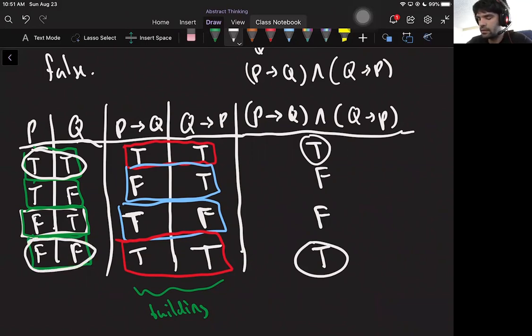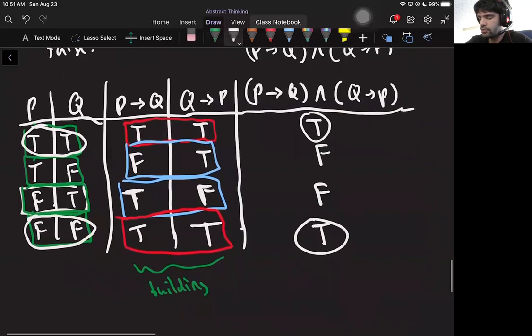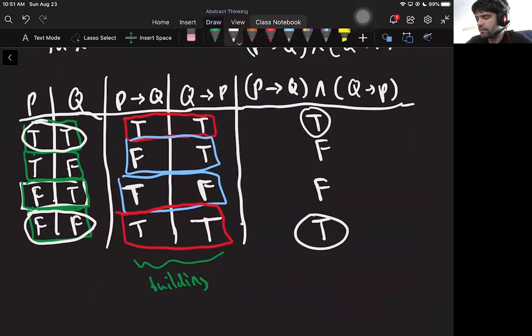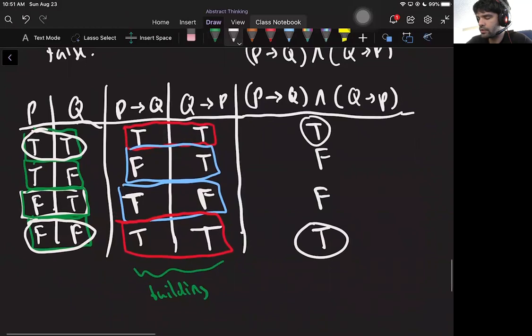Because they are the same statement, they should be true together and they should be false together. And if one is true and the other is false, that's when you should get false for the entirety of the biconditional.